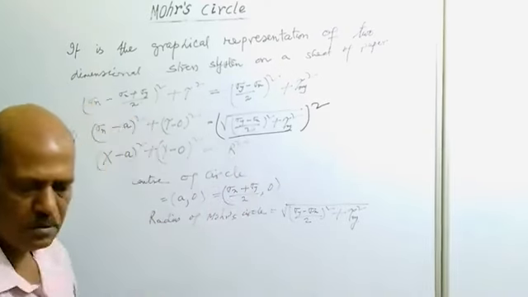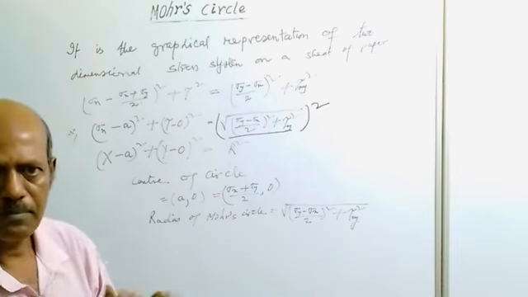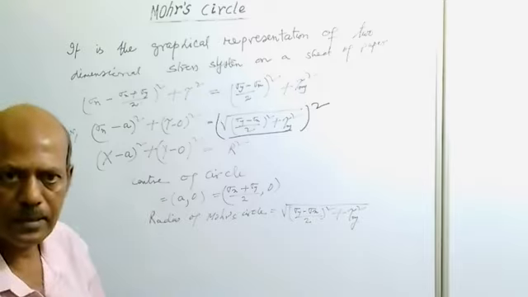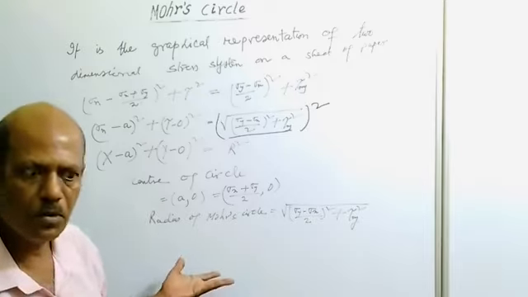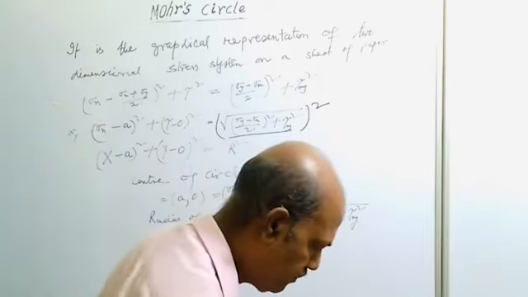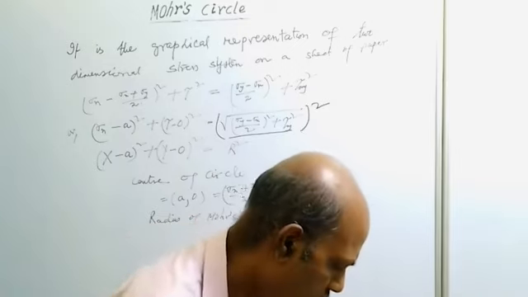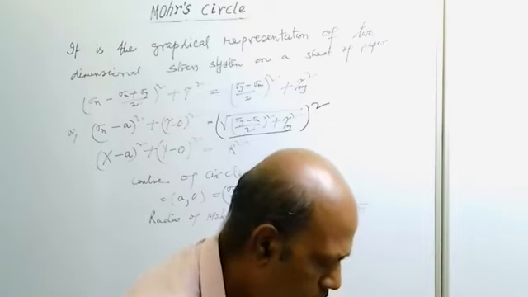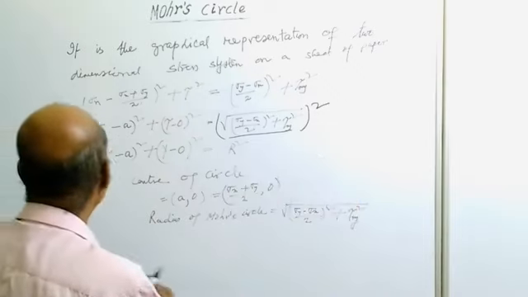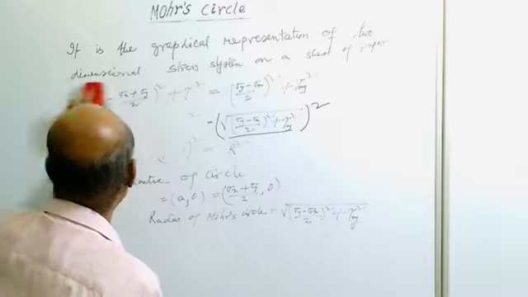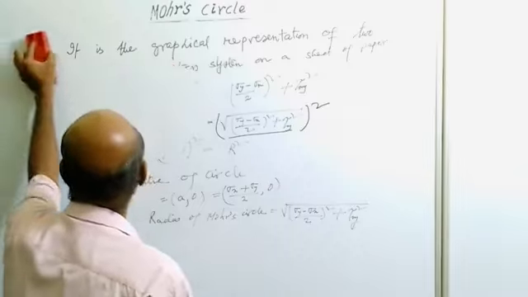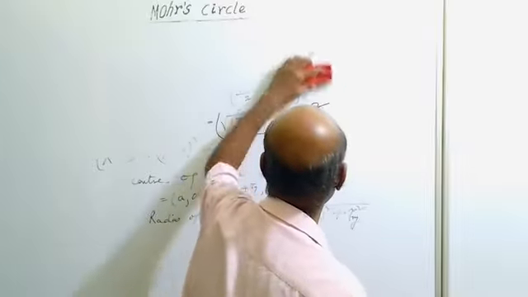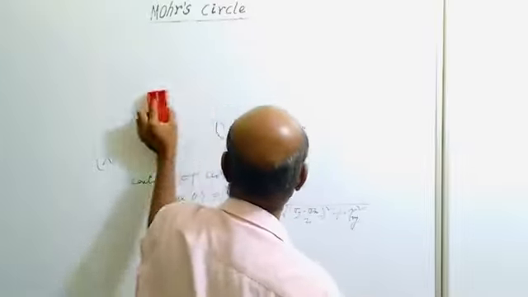So by combining these two equations, we can express it in the form of a circle. That's why it is called Mohr circle. Now we'll see how to draw the Mohr circle. First we'll take the same case, and we'll see how to draw it. That is most important. So you should understand the steps of how to draw Mohr circle.